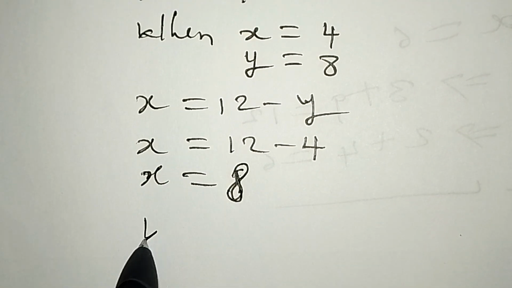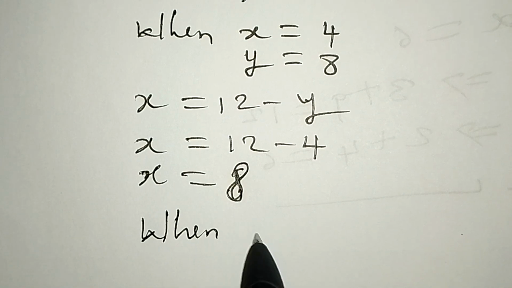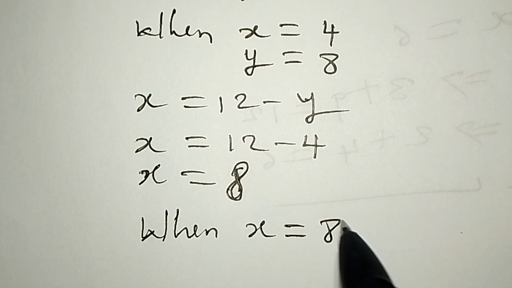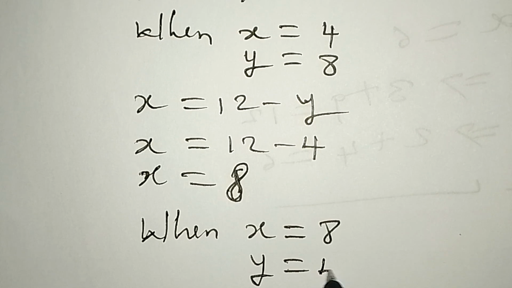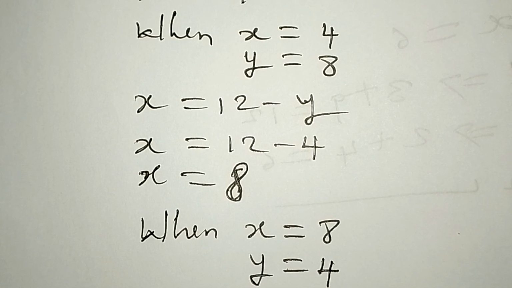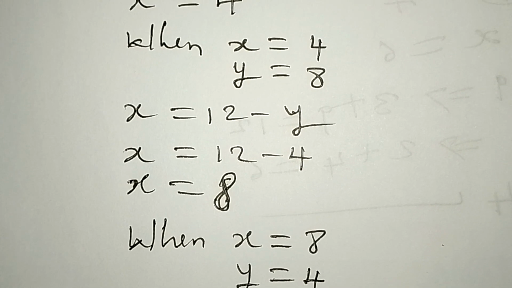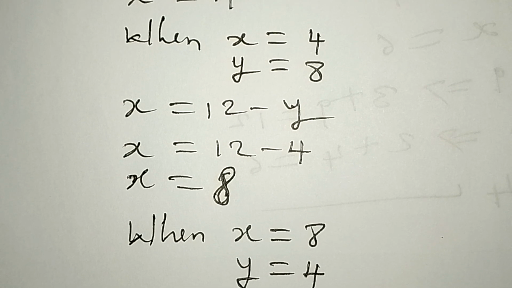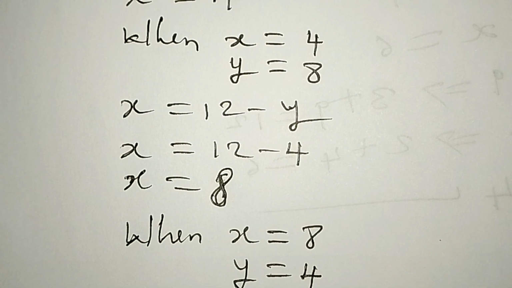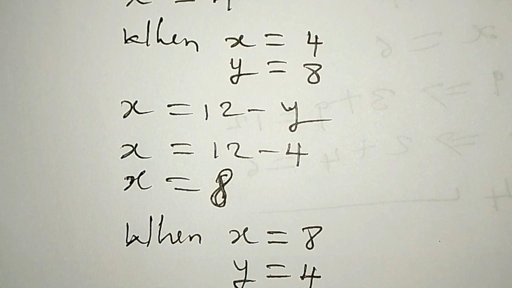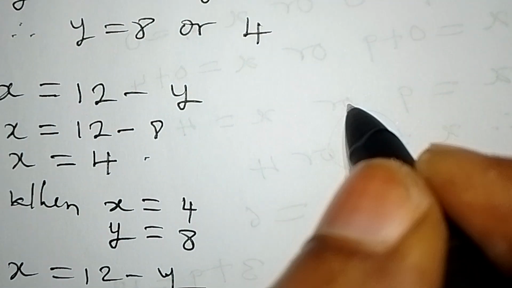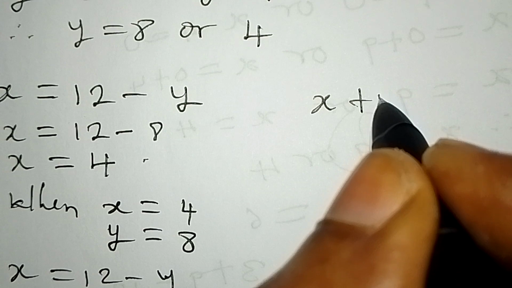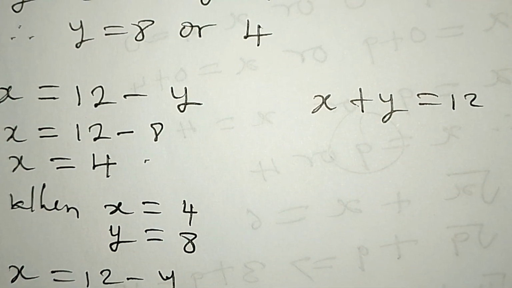So this means that when x is equal to 8, y is equal to 4. And we can put this pair of values into the equation and see. Let's say equation 1, which is x plus y equals 12.